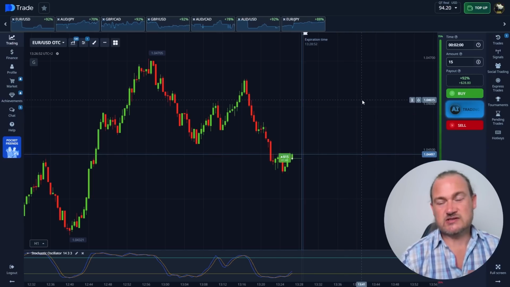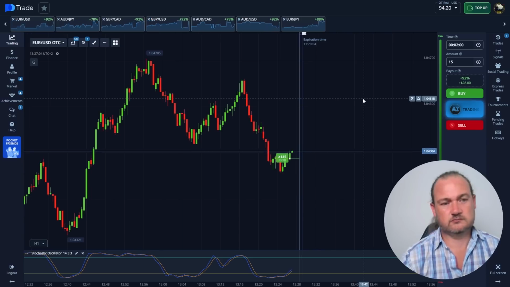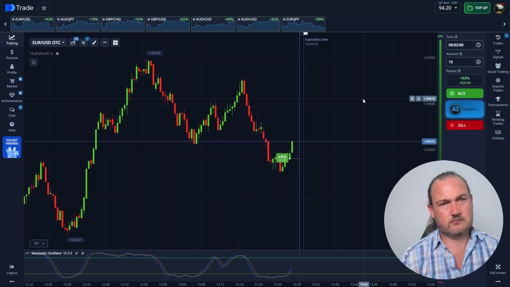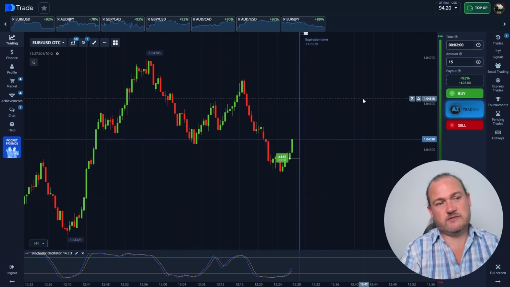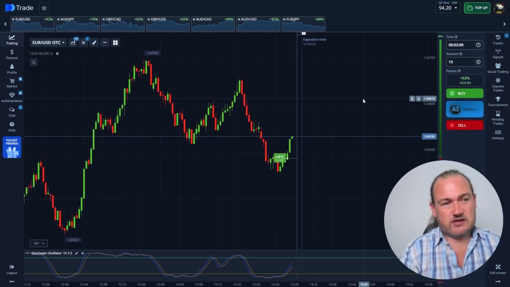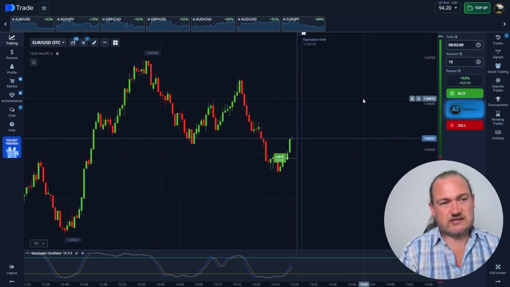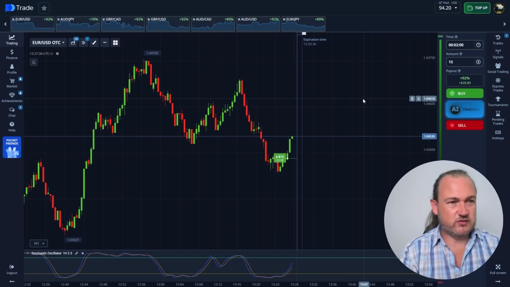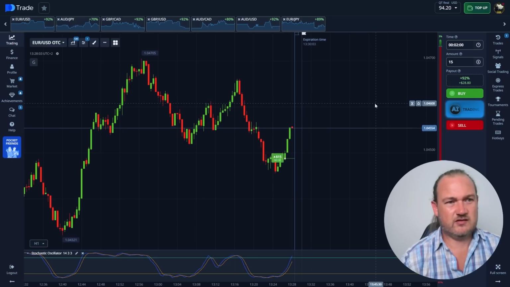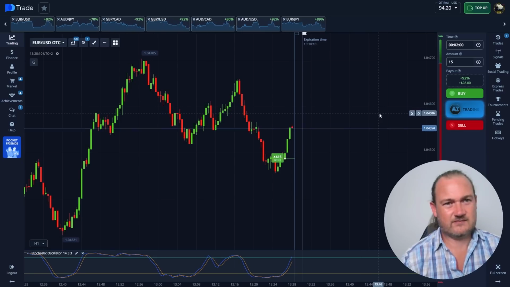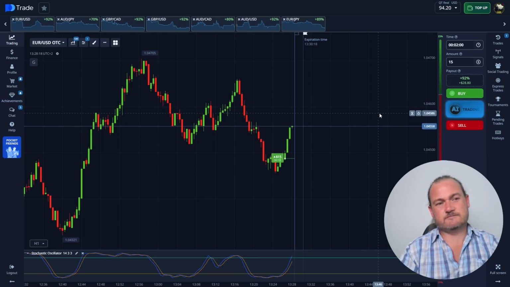So again, we're just going to wait 2 minutes for this expiry to run out, and then we'll see what happens with the trade. It's moving very nicely in our favor. We're about halfway through the trade, and this just keeps on climbing, which is gorgeous. 30 seconds left on this trade. 15 seconds.